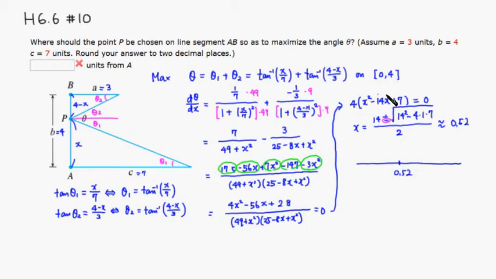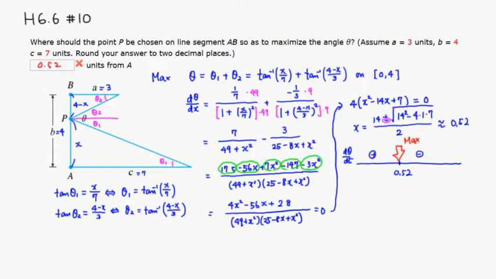You can see that this is a quadratic function facing up, so it's going to be positive before the first critical number and negative after it, and you have another one but it's outside of the interval. So you can see that the derivative of theta is positive turning into negative, so we know that we have a maximum here. So the x we're looking for would be 0.52.